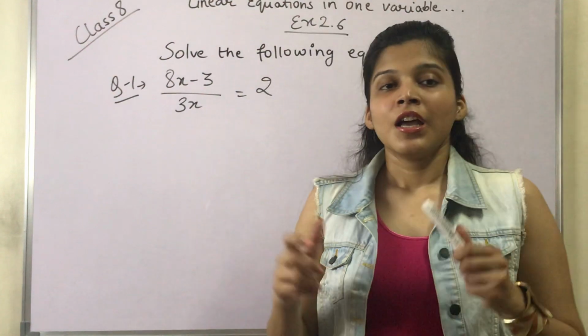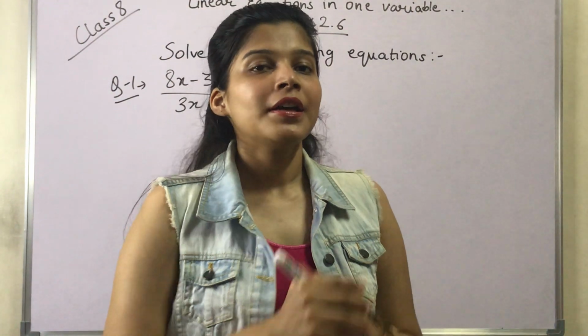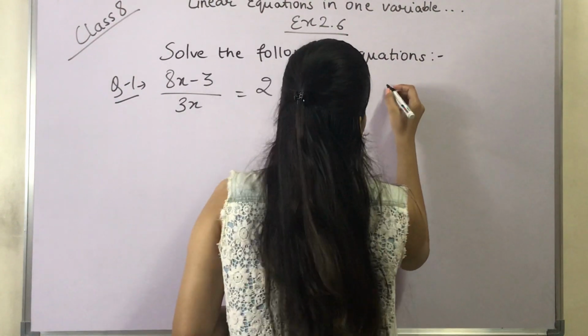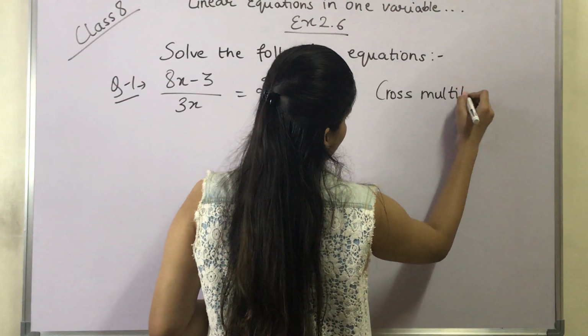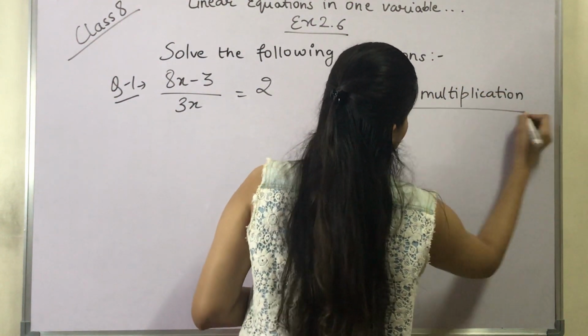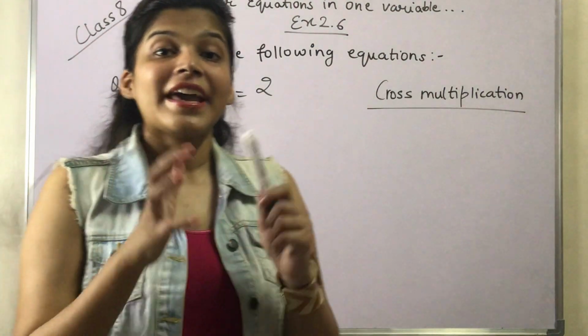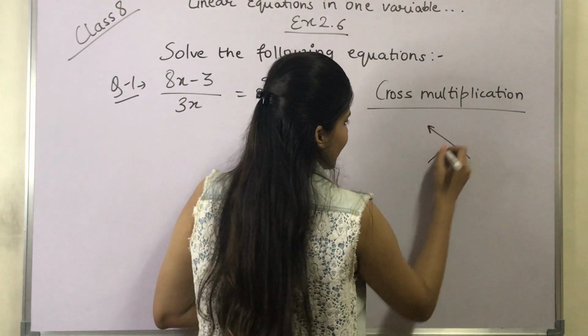Now children, in exercise 2.5 also we used one method which was called cross multiplication. In this method we have to cross multiply the numbers.